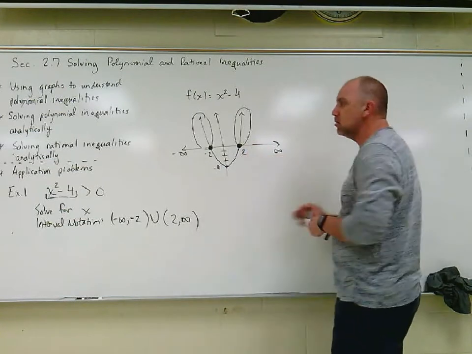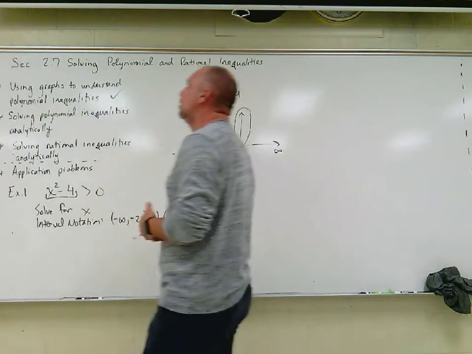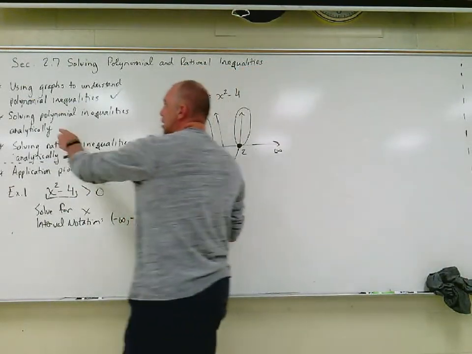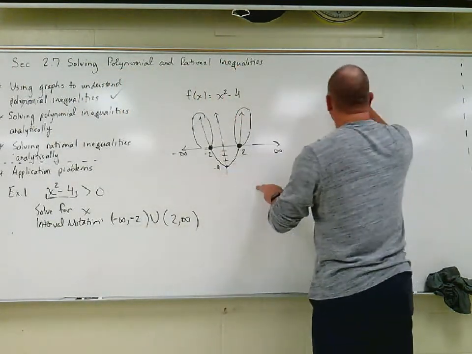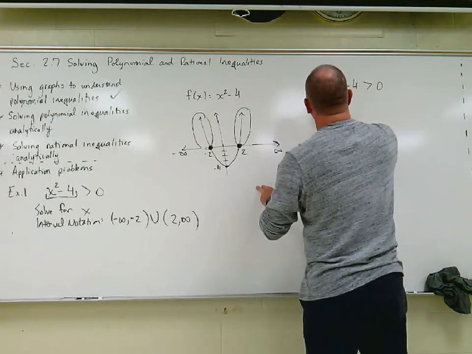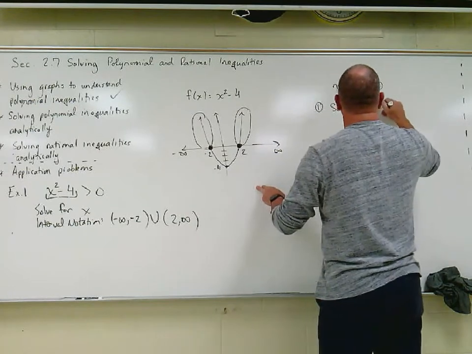So this is really all I wanted to do looking at the graph. Now how would I solve this same inequality analytically, by hand, not looking at the picture? The first thing I'm going to do is set it equal to 0 and solve.